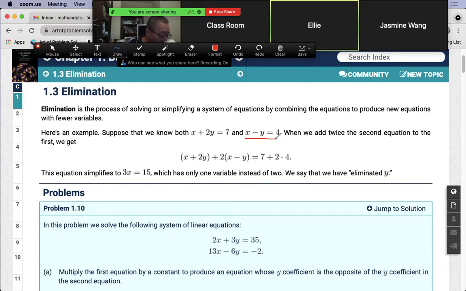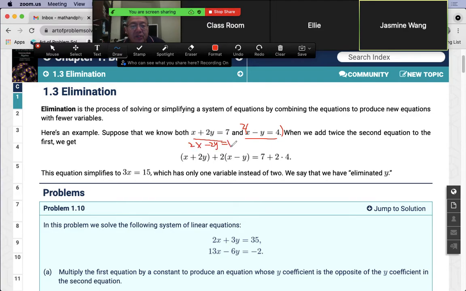Jasmine? Wait, can you repeat that? Yeah, you can see when we solved this, I showed you here multiplying both sides of the second equation by 2. So we get 2x minus 2y equals 8.